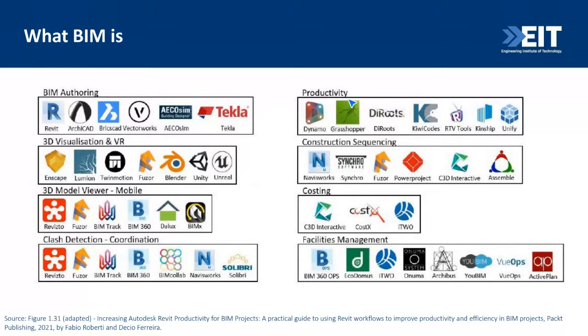And I also love to use Dynamo during my research. Dynamo is a visual programming language for Revit that can help a lot to improve productivity in a BIM workflow. But in fact, it's up to the user. If you prefer to use Revit, ArchiCAD, Tekla, Navisworks, it's up to you.